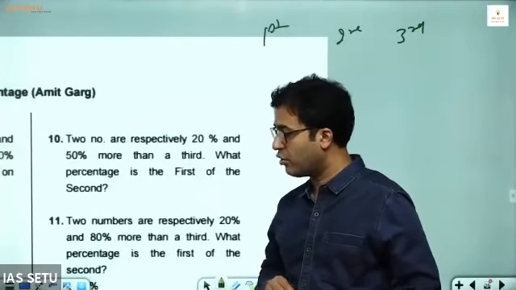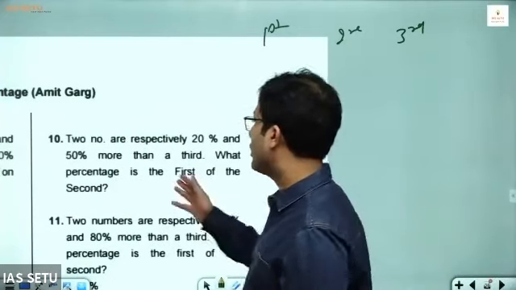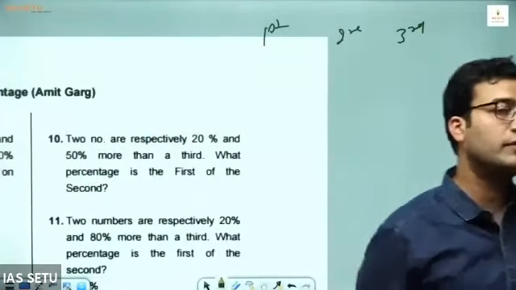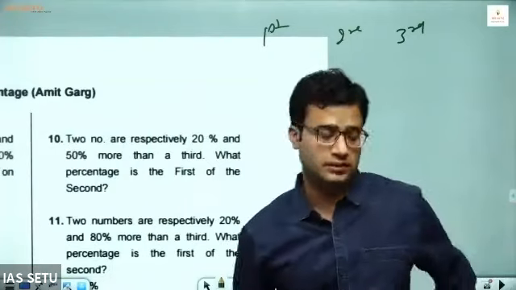Hanji, now it's okay. So here two numbers are respectively 20% and 50% more than the third. We take first number, second number, third number.